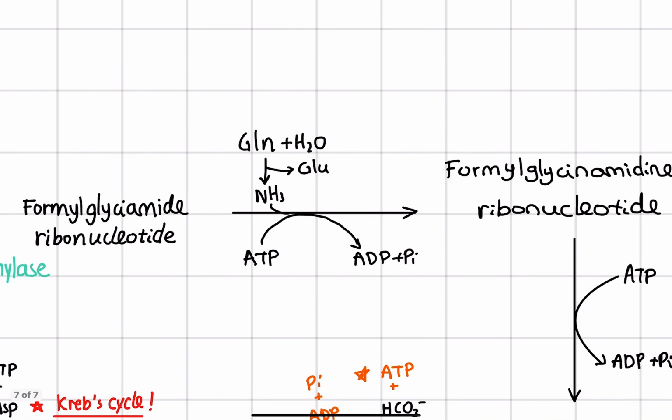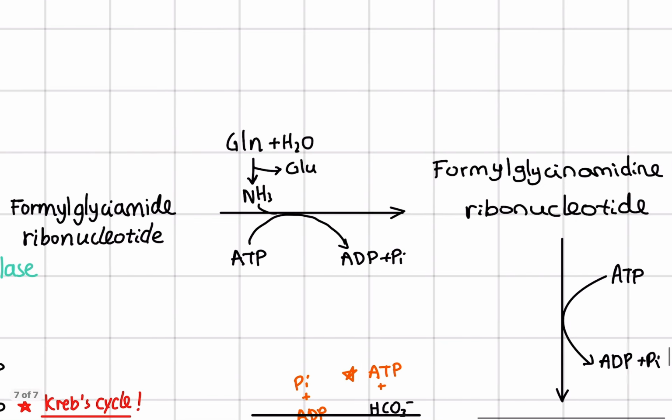And here we're adding a glutamine. And then we're forming a formylglycinamide ribonucleotide. Then it's called formylglycinamidine synthetase. Be careful, it's amidine synthetase.